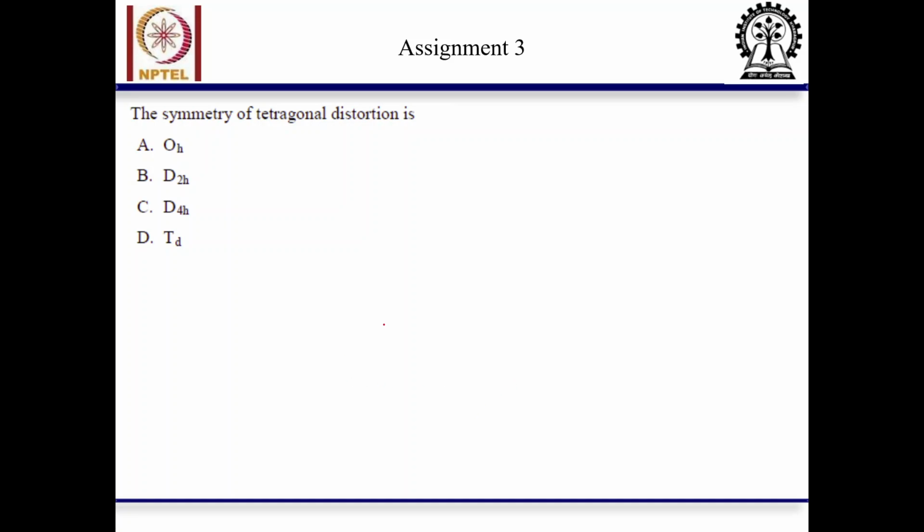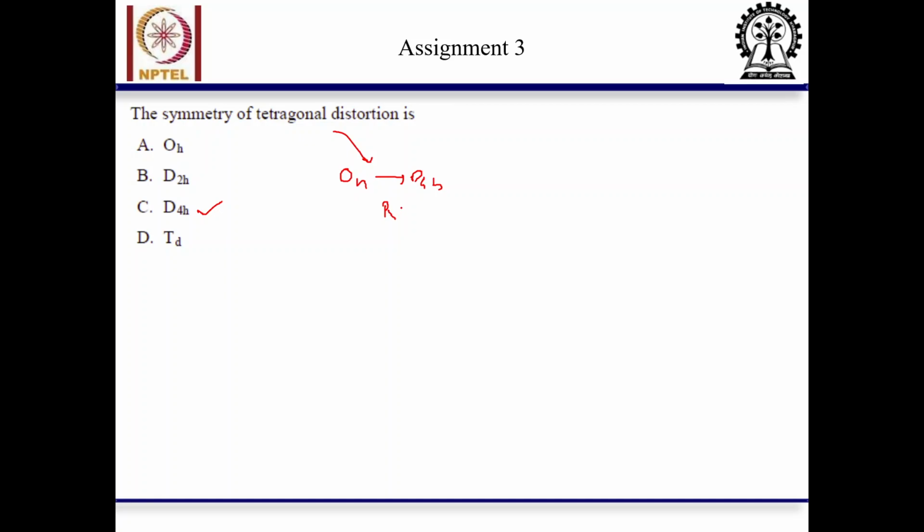No one? Okay. So the correct answer is C. I will just write it. Okay, D4h. Basically Oh upon tetragonal distortion will go to D4h.